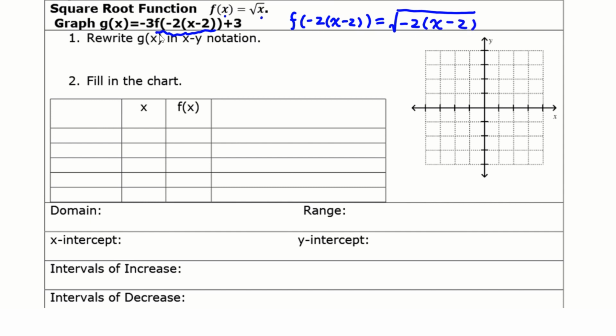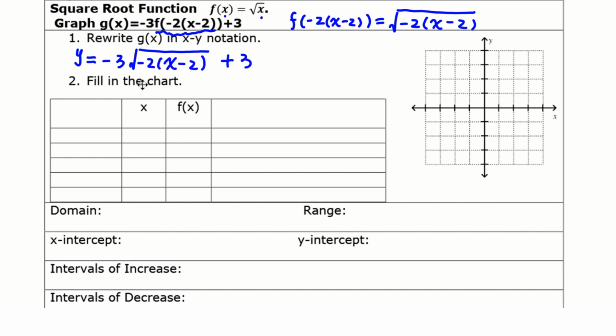Then negative 3 times it, we just continue to write it in. So we replace g at x with y, then negative 3 times function f at this input, replace it with square root, so square root of negative 2 bracket x minus 2 bracket. This is function f at this input, then the offset is plus 3. So this is also negative 3 y0 plus 3.